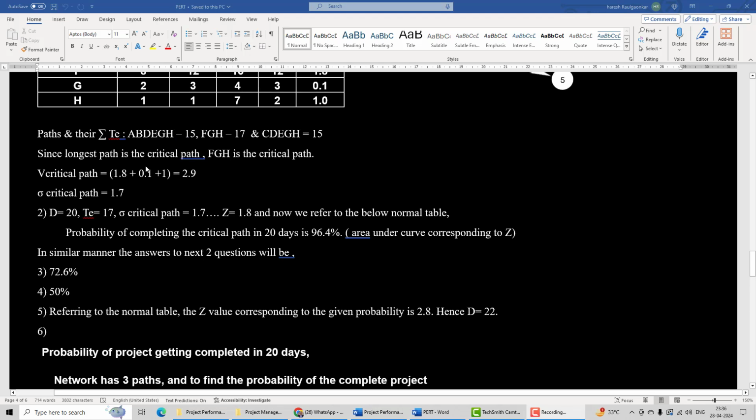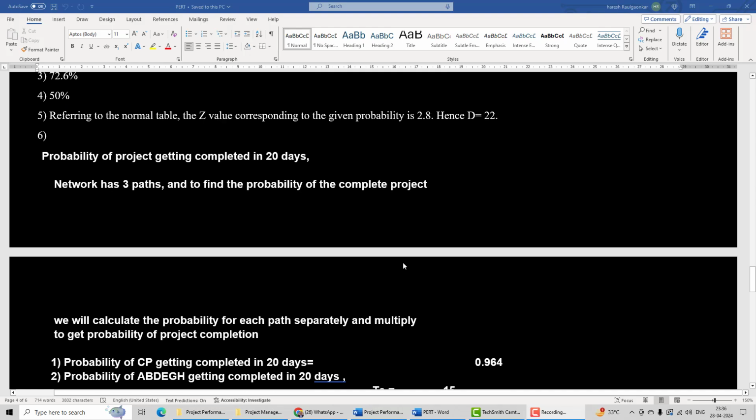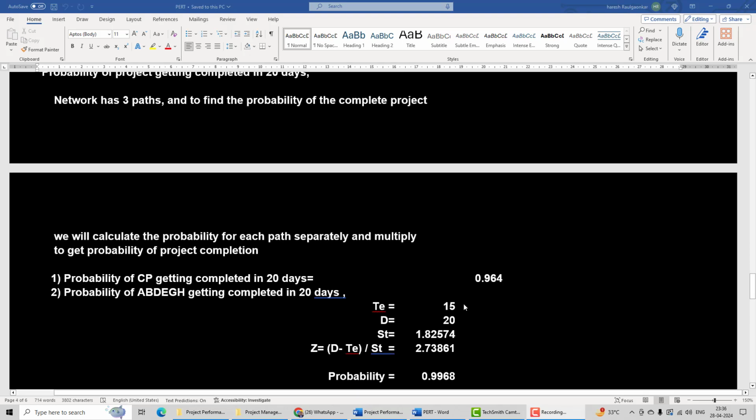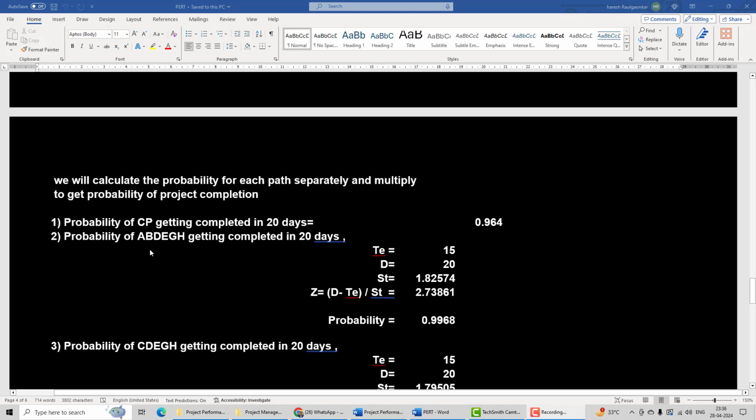We have already calculated the completion probability of FGH, the critical path, which came to 96.4. Now we need to calculate for the other paths also, because for completing the entire project we have to ensure that all the paths are completed. So for the path A, B, D, E, G, H, find the TE and the standard deviation, by adding the variances of all and taking the square root.